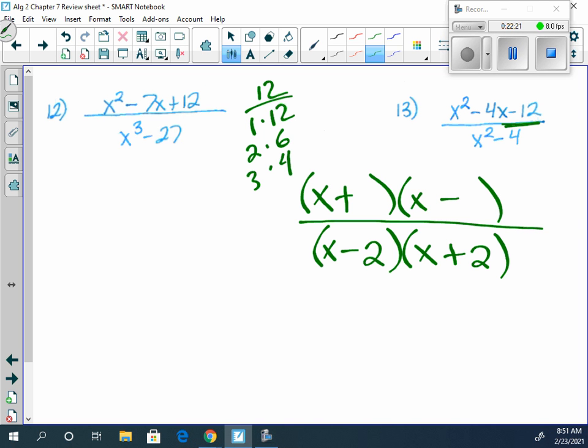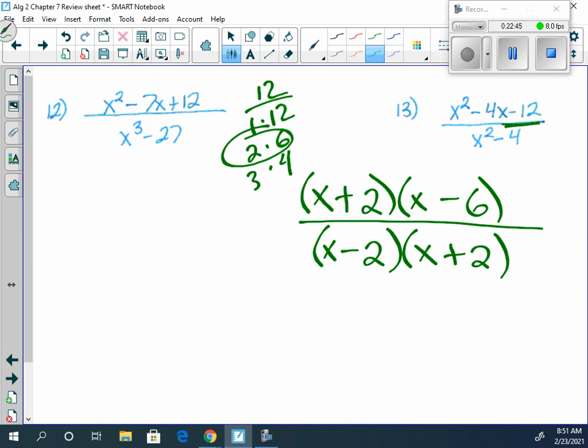Now, looking at all of these, 2 and 6 is the one I'm really going to use, because I really need to have x plus 2 or x minus 2 in the numerator for this to work. And it does work out that x plus 2 times x minus 6 are the factors for this.